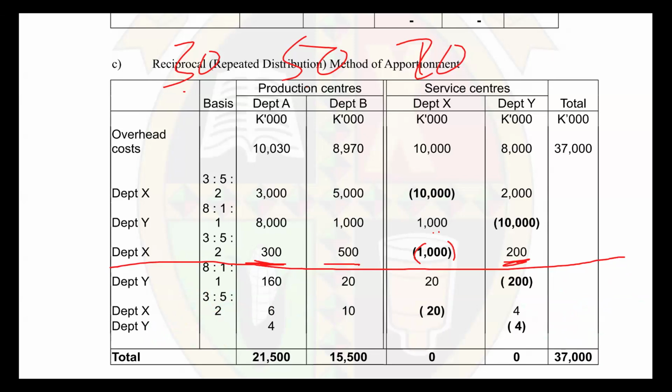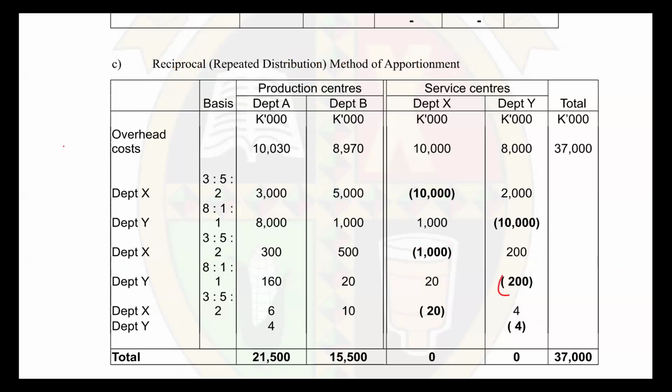Now, observe that in Y we had nothing at first, because we had already distributed the 10,000. But what has happened is that now Y has received some cost from X. It has received the 200. This 200 should not be in Y because Y is a service department. So you have to distribute the 200. At what basis now?